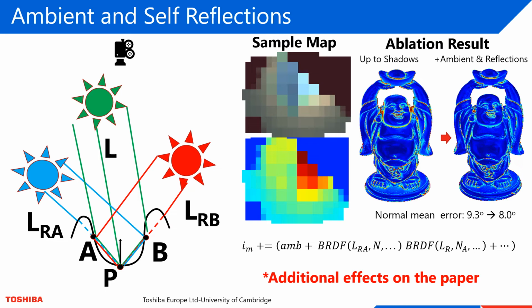The next step involves approximating ambient light and self-reflections. We approximate ambient light with a small additive constant, as is the de facto way in the literature. Self-reflections are more complicated and they occur when parts of the surface act as auxiliary light sources. To estimate them with a computationally efficient approximation, we sample up to 5 points, in this example A and B, and compute a single light bounce from these points. Note that in the case of directional lights away from the surface, the self-reflecting points A and B are constrained to be part of the previously computed shadow.